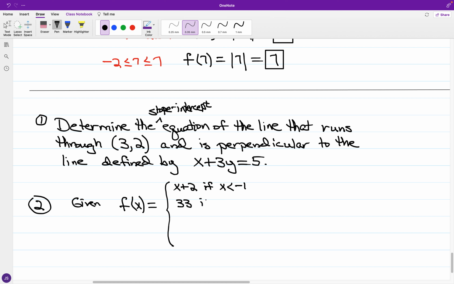Let's say f of x is equal to the constant value 33 if negative 1 is less than or equal to x is less than 6.